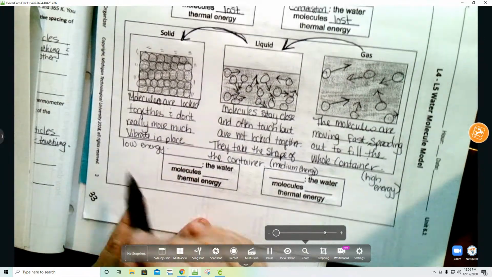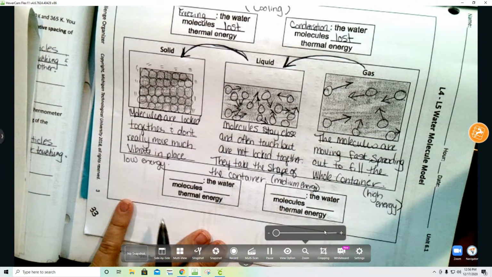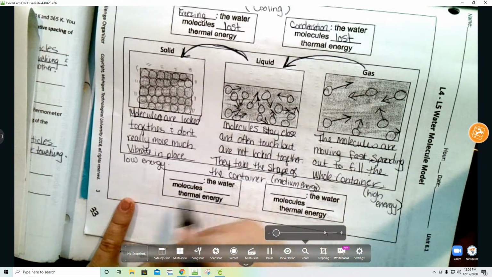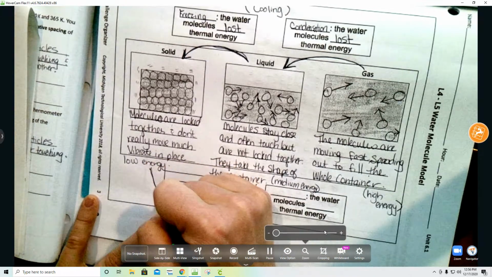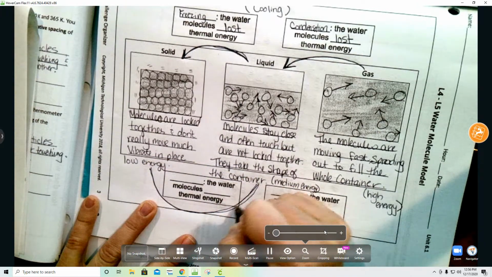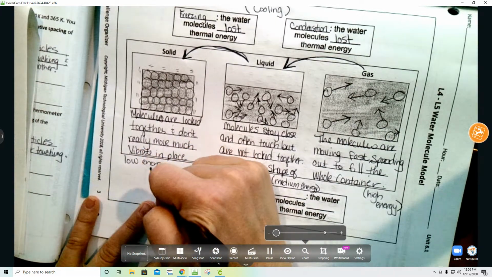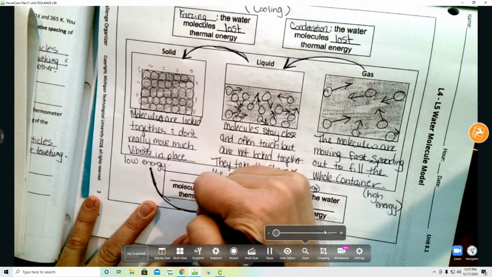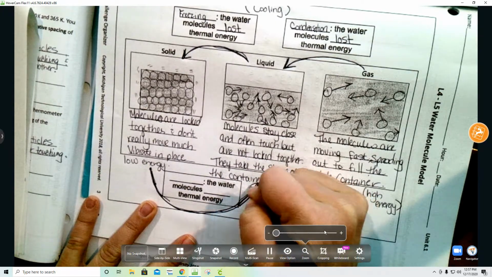Okay, now down here, going from a solid to a liquid, what do we call this? I wrote so big, I'm going to have to do it down here. Solid to a liquid.